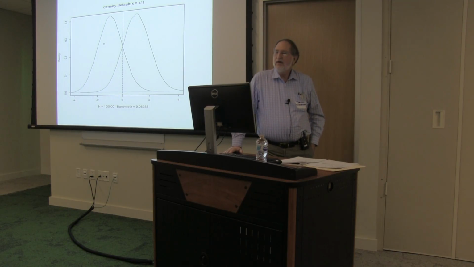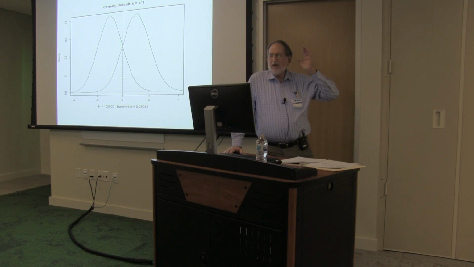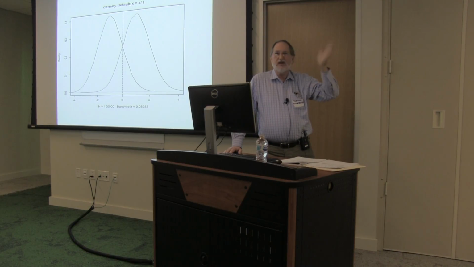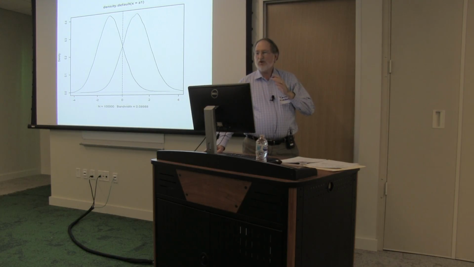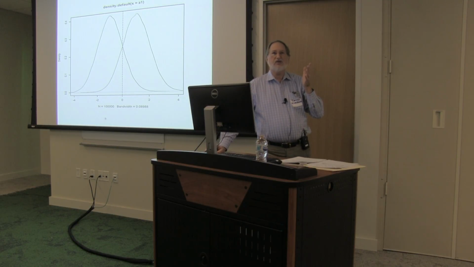So if I told you a z-score, you would be able to figure out the proportion of people above or below that z-score, if I gave you a table, right? You'd be able to look it up and see what proportion is below here, what proportion is above here. That's the area under those curves. So I figure most researchers, if they've had a little introduction to statistics, can do that.